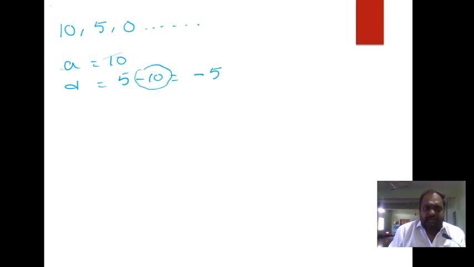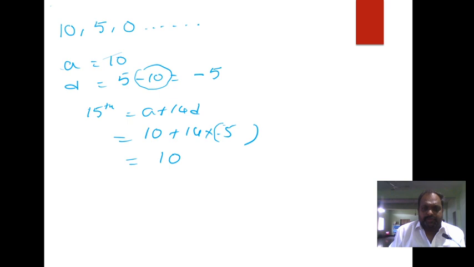Now the 15th term: a plus 14d, that is 10 plus 14 into minus 5. Minus into plus is minus, so 14 into 5 is 70. Multiplication by 5 again I am explaining: 14, you divide by 2, we will get 7, just keep 0, 70. Minus 70. So minus 70 plus 10 means minus 60.